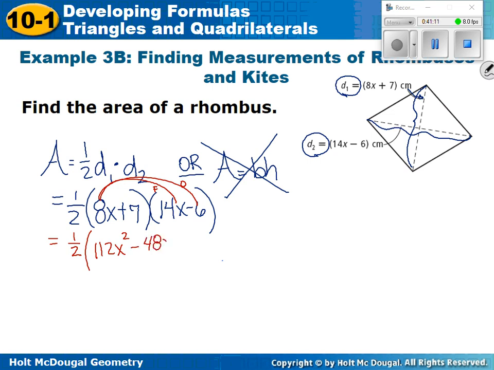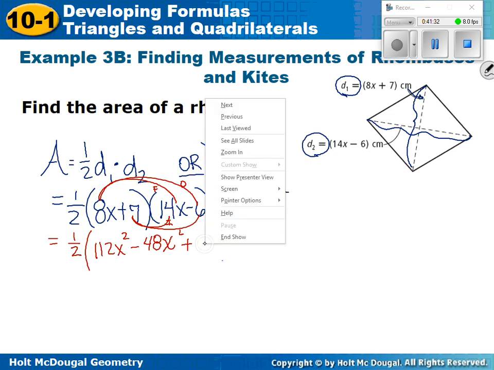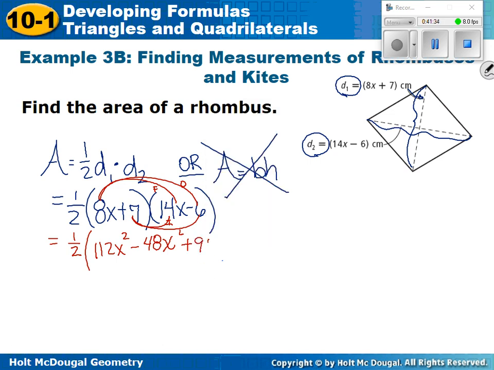Negative 48x. Then you go back and you distribute the 7 to both terms. That's where you're going to get the inner and the last if you're using the idea of FOIL. Otherwise, just distribute the 8x to both and then go back and distribute the 7 to both. What's 7 times 14x? Should be 98x, right?